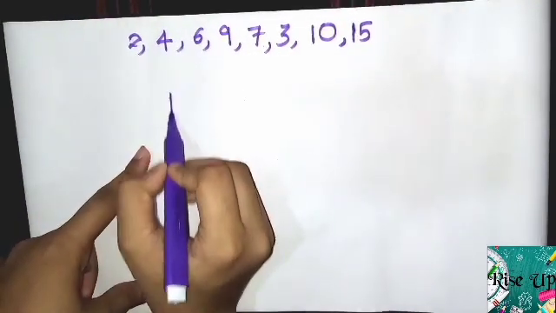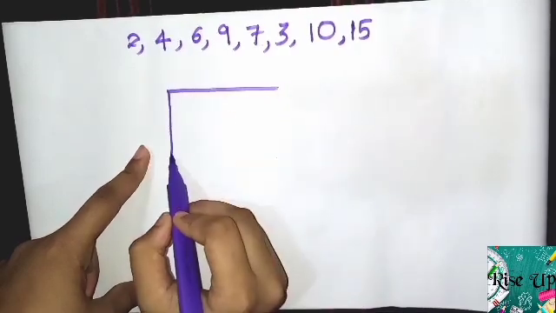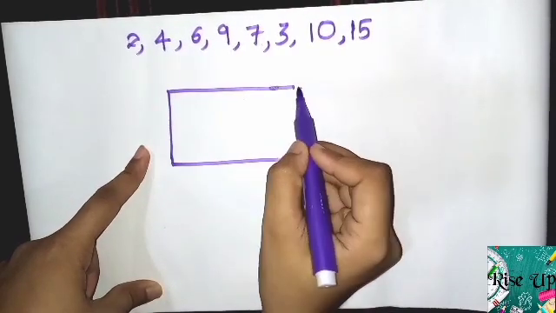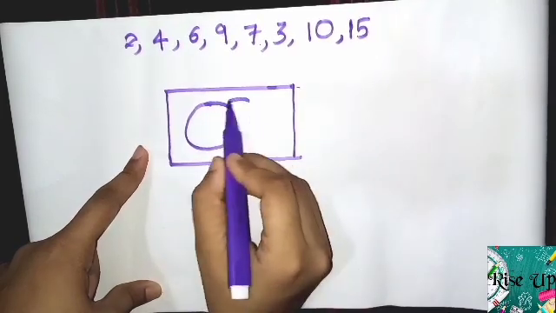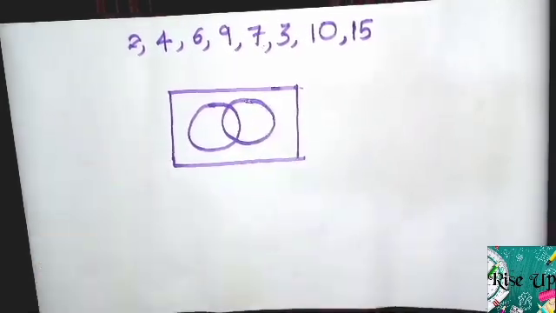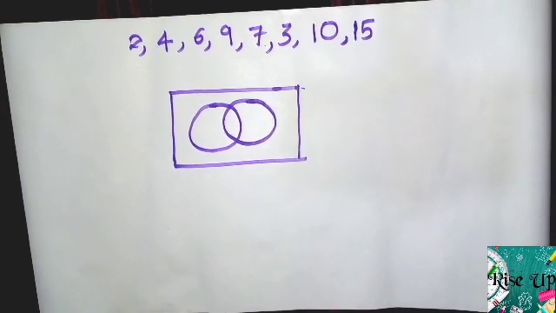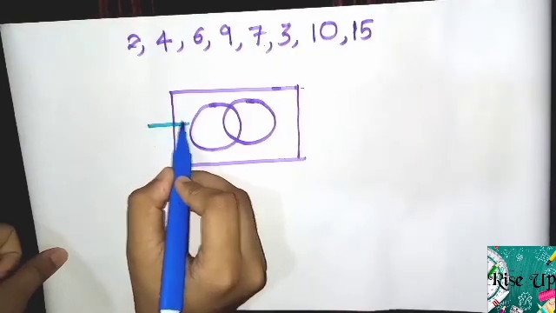So let's draw the Venn diagram. A little bit larger Venn diagram. Right, a rectangle was drawn. Now 2 circles inside because it's a Venn diagram. We have to draw the 2 sets. So now what you have to do is name the 2 sets.